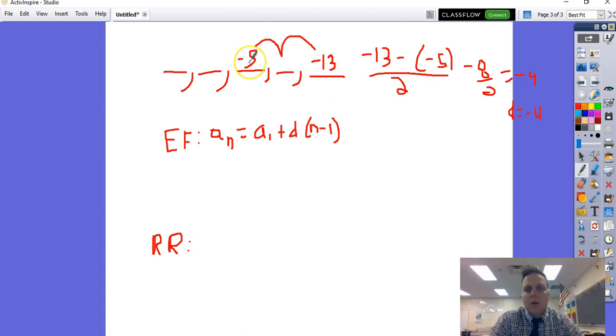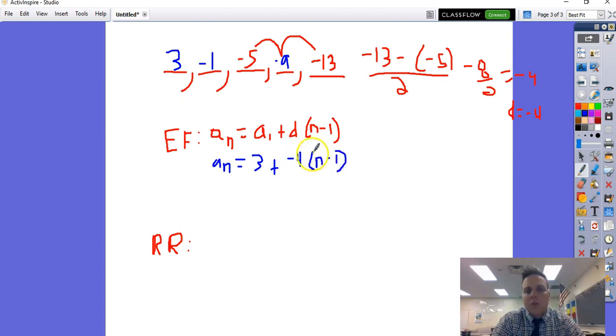Okay, so then it's pretty obvious to go from negative 5, subtract 4, that's going to give me negative 9. But now I need to go backwards. Okay, so instead of subtracting 4 to go backwards, I'm going to have to add 4. So that gives me negative 1, add 4 again, and that gives me 3. So then I know that a sub n is equal to 3 plus negative 4, so I could just write minus 4, times n minus 1.